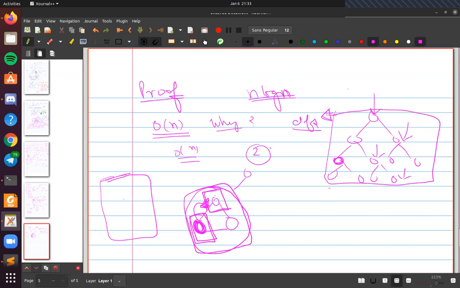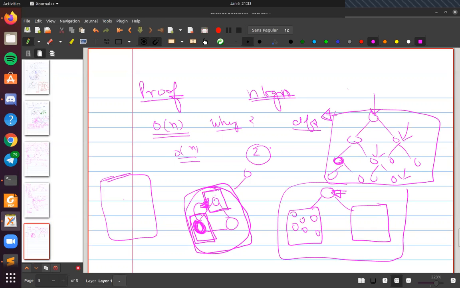Because every time I find a centroid and remove it, then in the centroid tree, irrespective of wherever it is present, it will be the centroid for the whole tree. So in the centroid tree, this will be some ancestor of all these nodes.